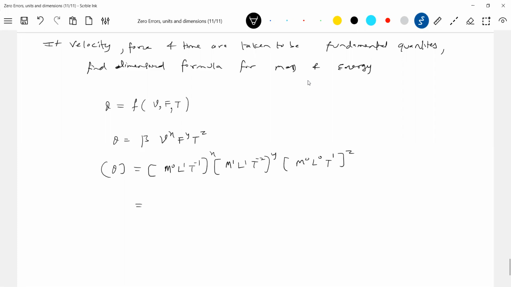I'll end up with M to the power y, L to the power x plus y, T to the power minus x minus 2y plus z. Now the first part we'll do is mass.